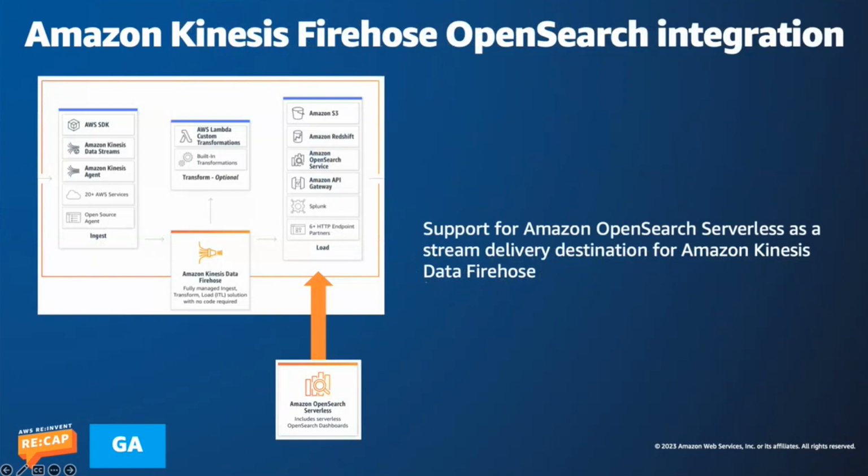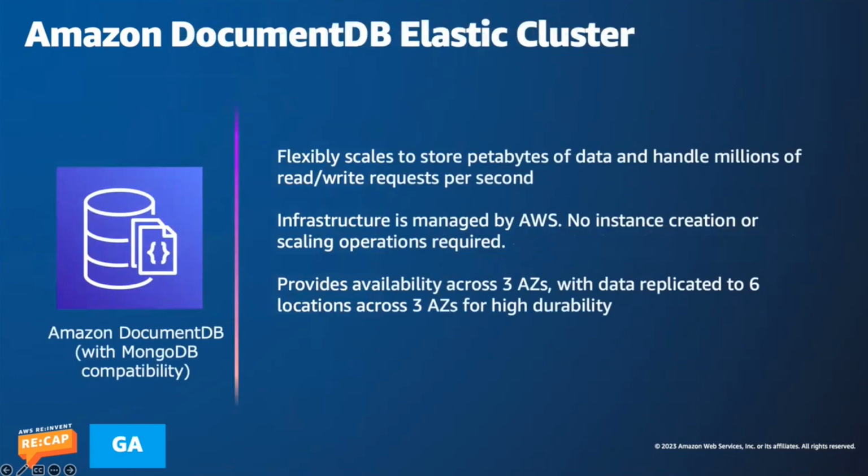And we also, this is just a new improvement, but it's worth mentioning, we are providing support for Amazon OpenSearch Serverless as a stream delivery destination for Amazon Kinesis Data Firehose. We are also creating the Amazon DocumentDB Elastic Clusters, which flexibly scale to petabytes of data, and provide availability across three availability zones with data replication to 6 locations across 3 availability zones for high durability.